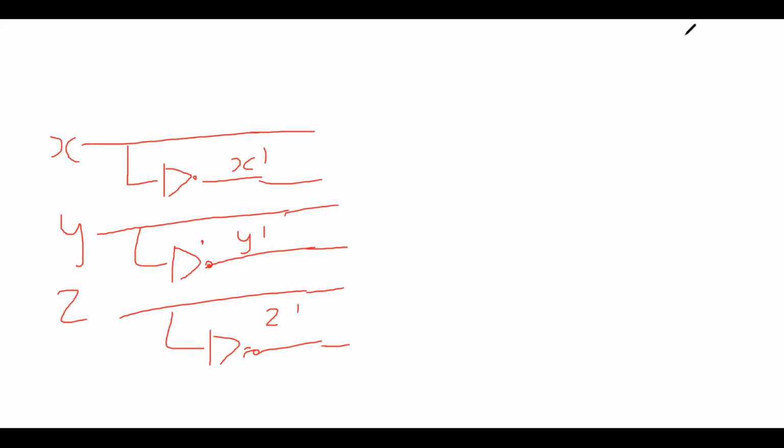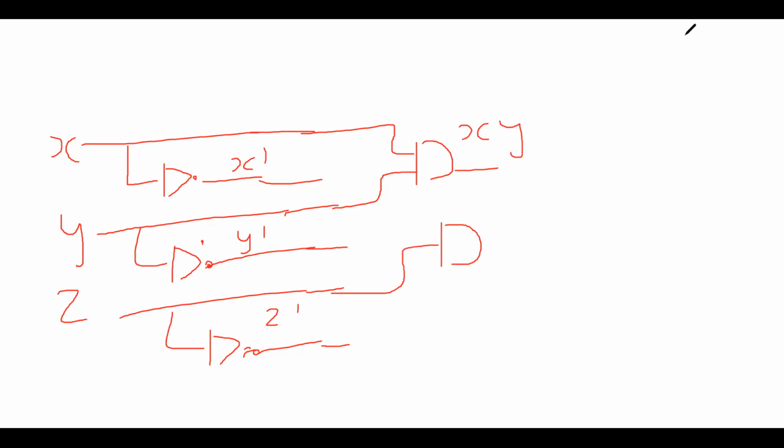Then suppose carry, which is the easiest. What is carry? xy plus xz plus yz. So x into y, I give it to an AND gate, x and y. So here I get xy. Then I have xz, so I have another AND gate.